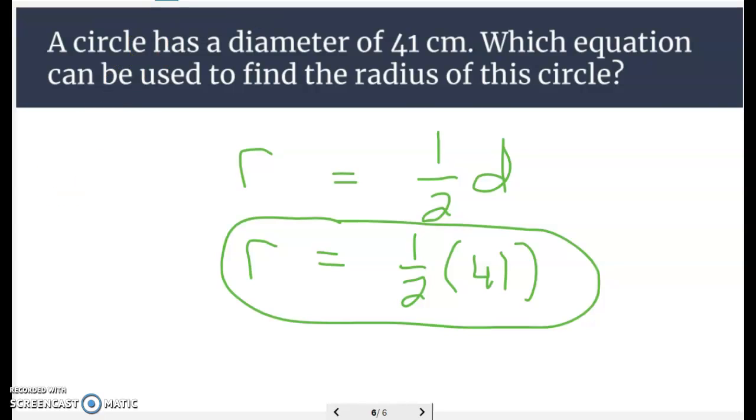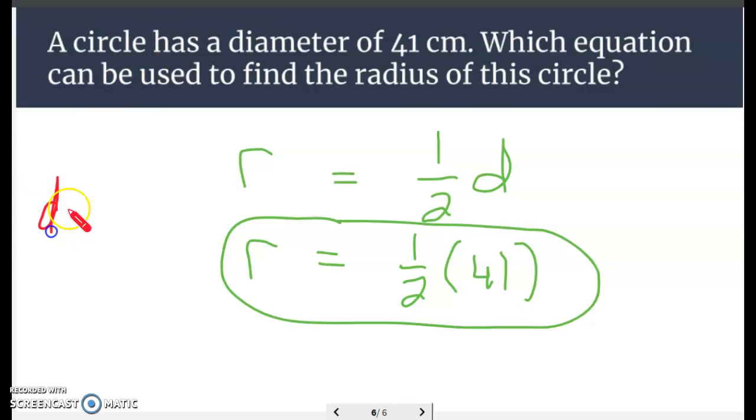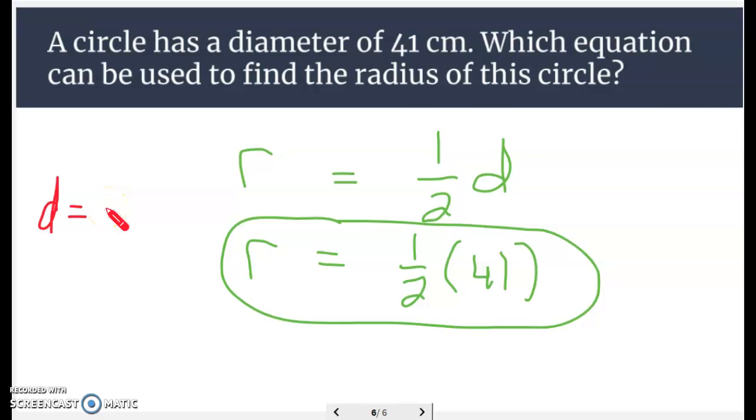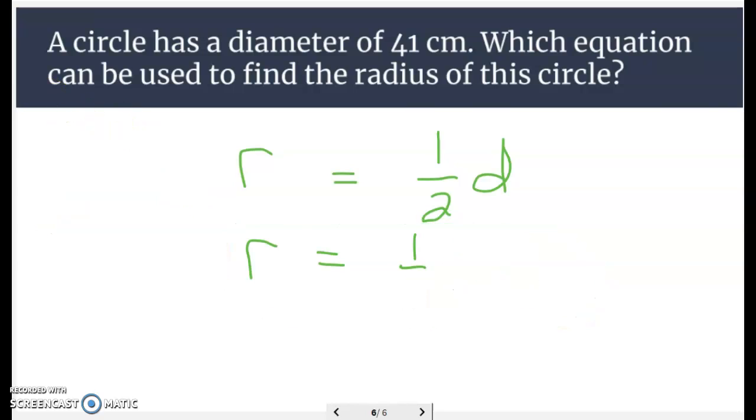Now, likewise, if you wanted to find an equation for the diameter, it would be, oh, wait a minute, I don't think that's right. Let's back up here. There we go. Diameter would be twice the radius.